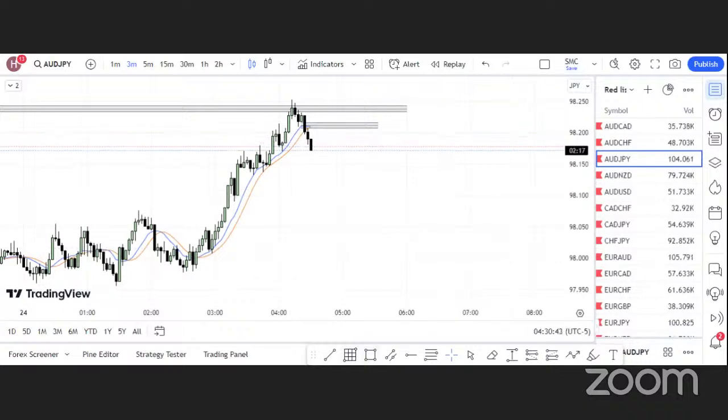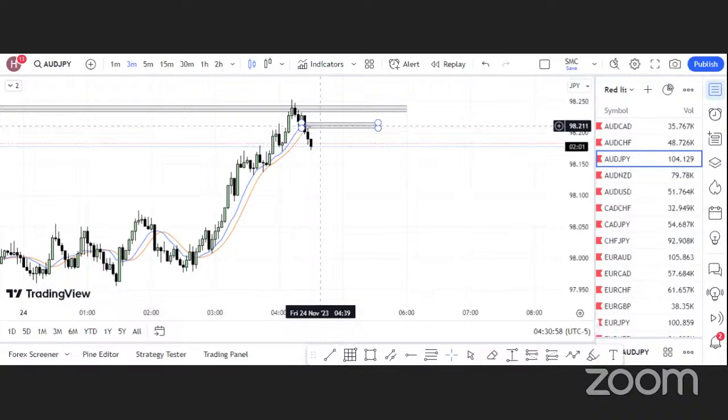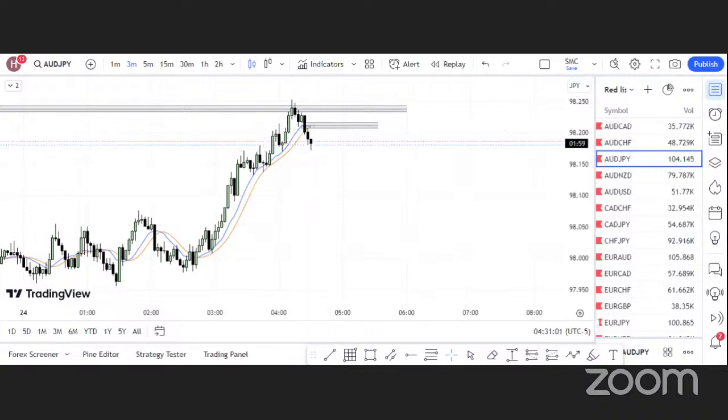Okay, I think the market just keeps going down and it's currently refusing to go back. Let's give this current candle the benefit of doubt. If it comes back here and leaves us a wick, we are going to sell.